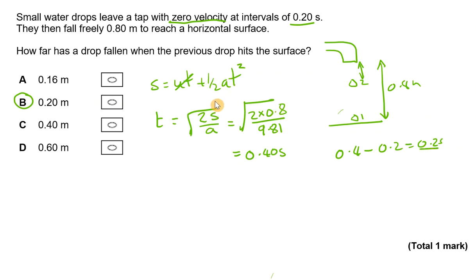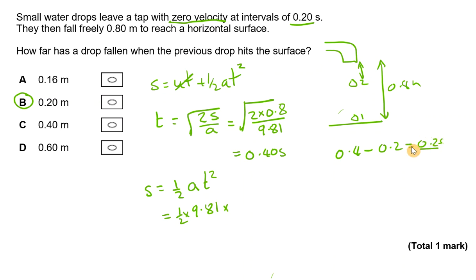So I could use the same equation. Again, I'm going to ignore that first term because the initial velocity is 0. I can use the same equation to find out how far this second drop has now travelled. So the distance equals a half times the acceleration multiplied by the time squared. The acceleration is 9.81.